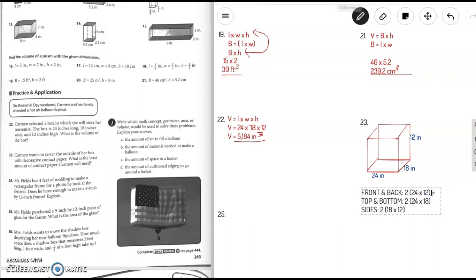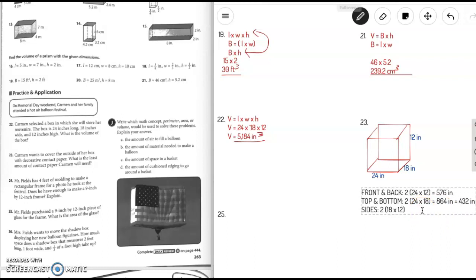So this 24 times 12 times 2 is 576 inches squared, of course, and then top and bottom, 2 times 24 times 18 is 864 inches squared, and then the sides, 2 times 18 times 12 is 432 inches squared.